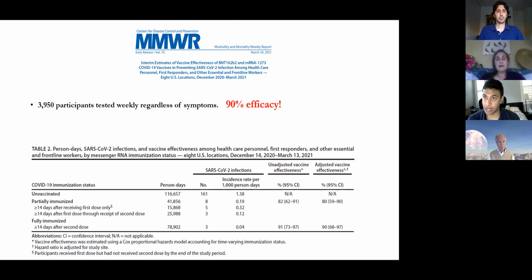And what they found was that healthcare workers that had 2 doses of an mRNA vaccine, Pfizer or Moderna, less than 10% of them contracted the infection after they were vaccinated. So they had a greater than 90% efficacy for getting the virus at all. And as we know from previous trials, the efficacy for preventing symptomatic disease, so meaning that you have the virus and you have symptoms, is upwards of 93 or 94%. It's a very good vaccine.